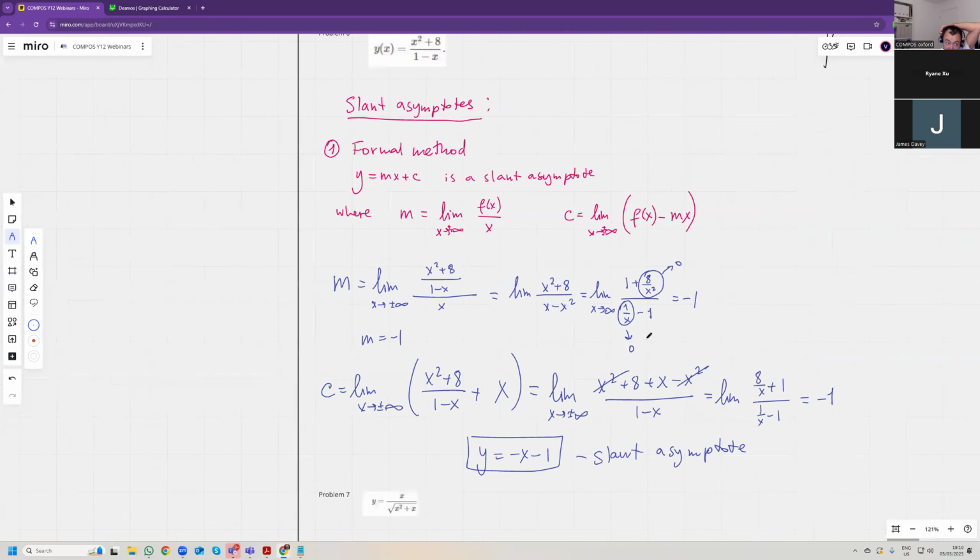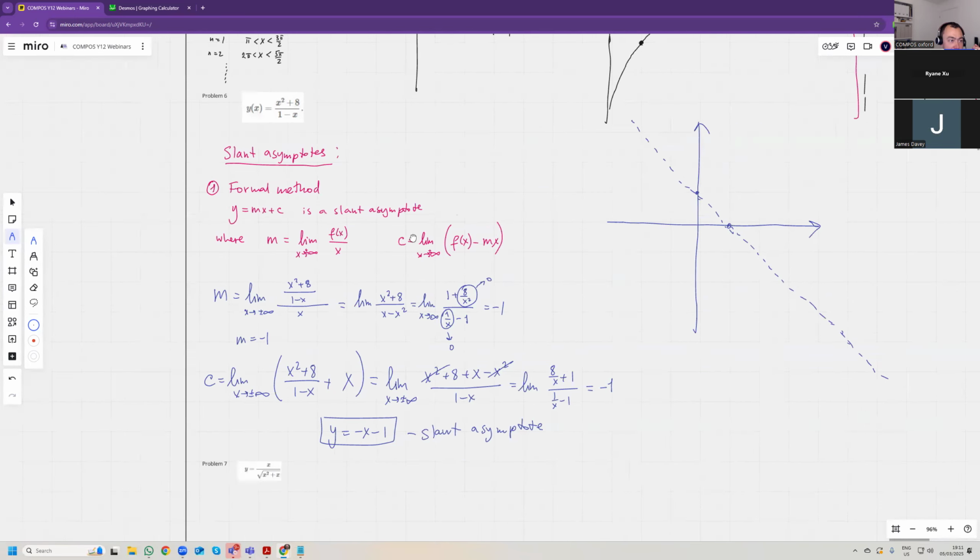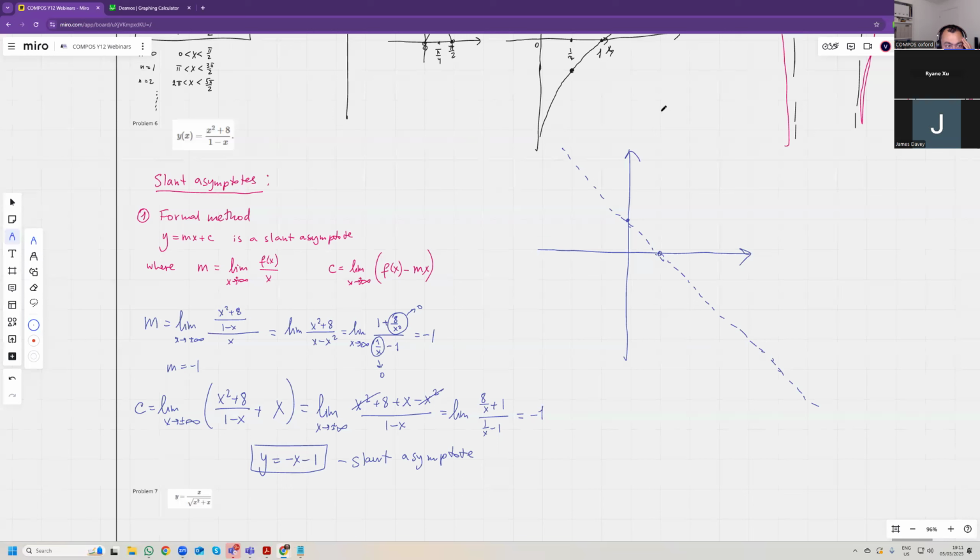I won't do the analysis of the function. Let's just draw the asymptote. So we draw minus x minus 1, so it's going to be like this. Okay. There's also a vertical asymptote at x equals 1. So there's a vertical asymptote that's going to go like this.